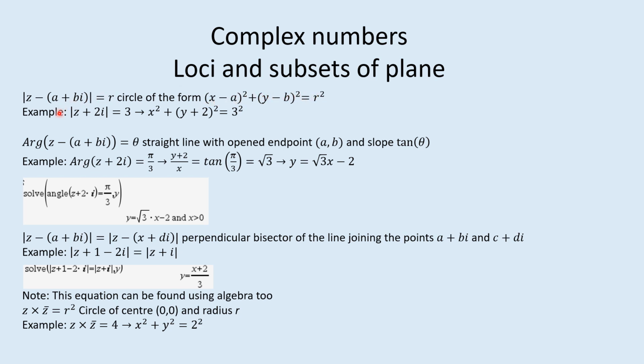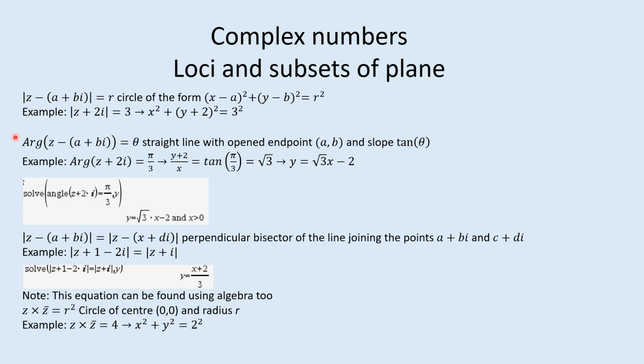For example, if you got modulus of z plus 2i equal to 3, then if you just follow the modulus formula, you will have square root of x squared plus (y plus 2) squared equal to 3, and then you square both sides. So now you got a circle with center (0, -2) and radius 3.